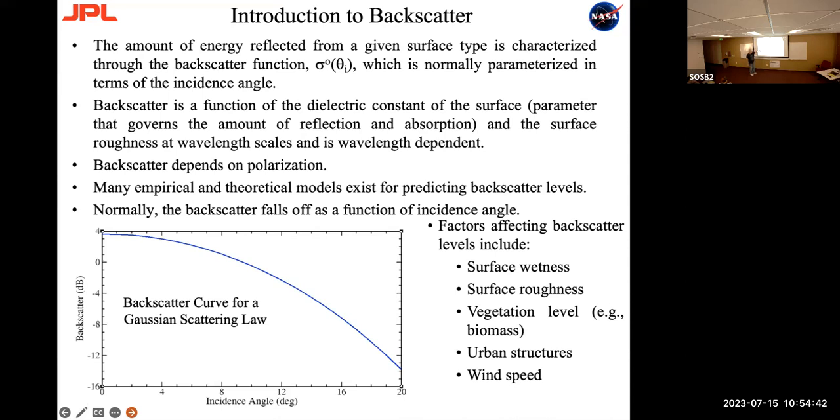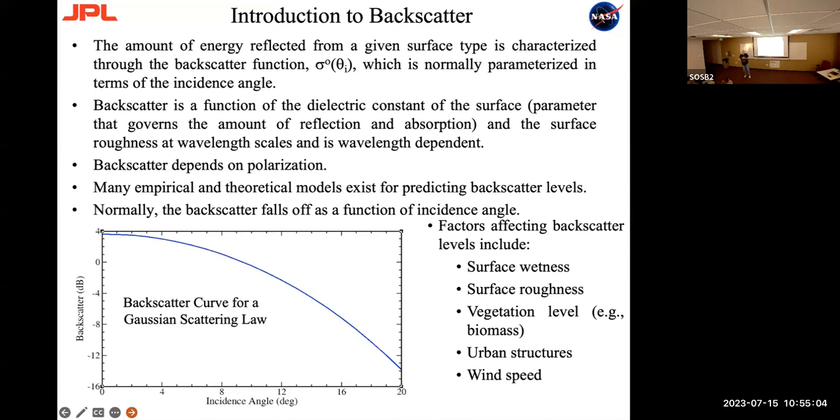So the things that it also depends upon: surface wetness, soil moisture. So like I said before, something you can care about. Vegetation level, how much biomass is there? This is one of the ways we try to measure biomass, how much there is through the backscatter levels. Urban structures, if you put buildings on there, that matters.